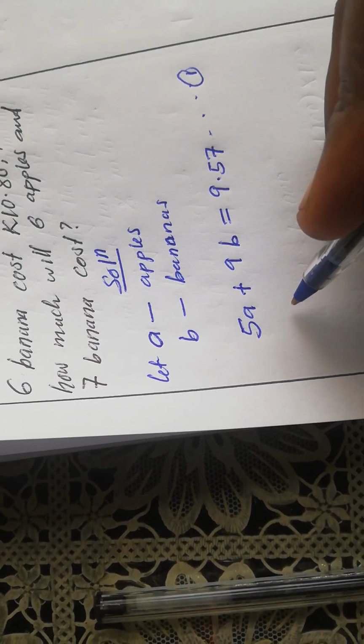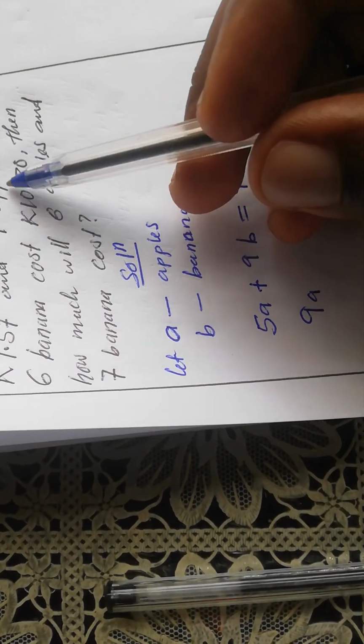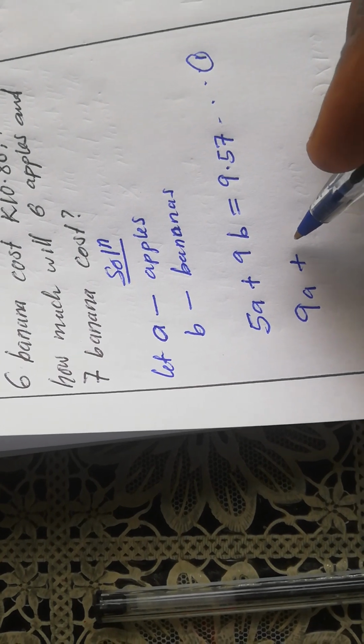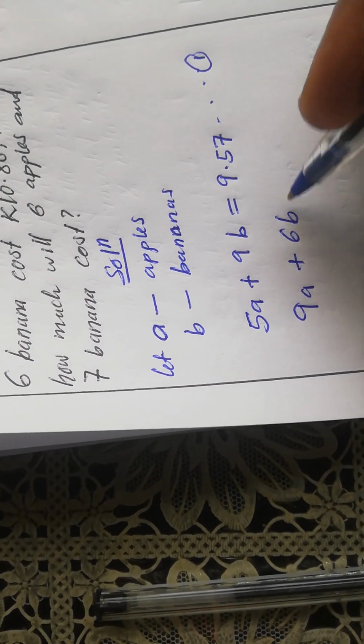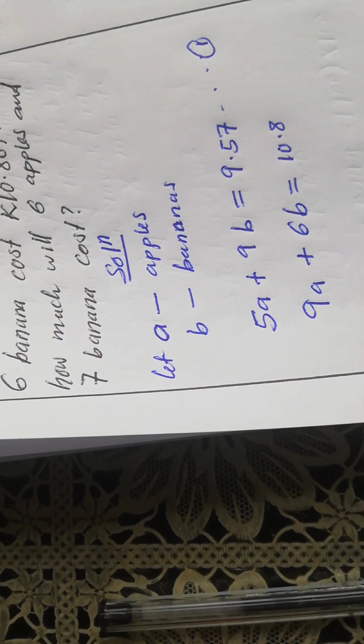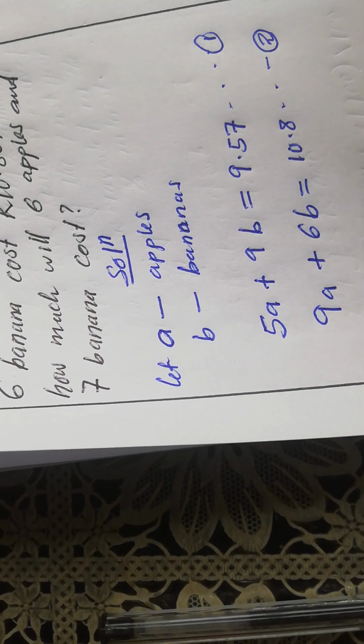Then we can also say, from the second statement, 9 apples plus, they even specified, plus 6 bananas should give us 10 kwacha 8 ngwe. And this is giving us equation 2.